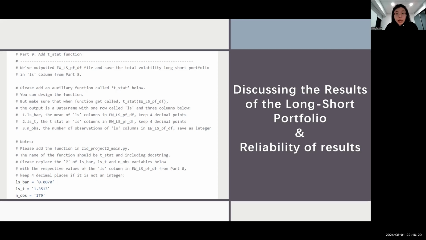This indicates that although the average return of the long-short portfolio is positive, its statistical significance is low. We need to discuss the reliability of the result. First, the t-statistic of 1.3513 is not sufficient to reject the null hypothesis at conventional significance levels.